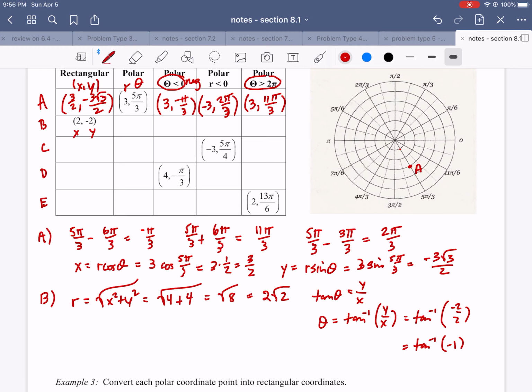And then that is going to give me an angle of negative pi over 4. Now that angle is already negative, so I'm actually going to put this in the third column where the angle is supposed to be negative. And so I'm going to have here 2 square roots of 2 and then negative pi over 4.